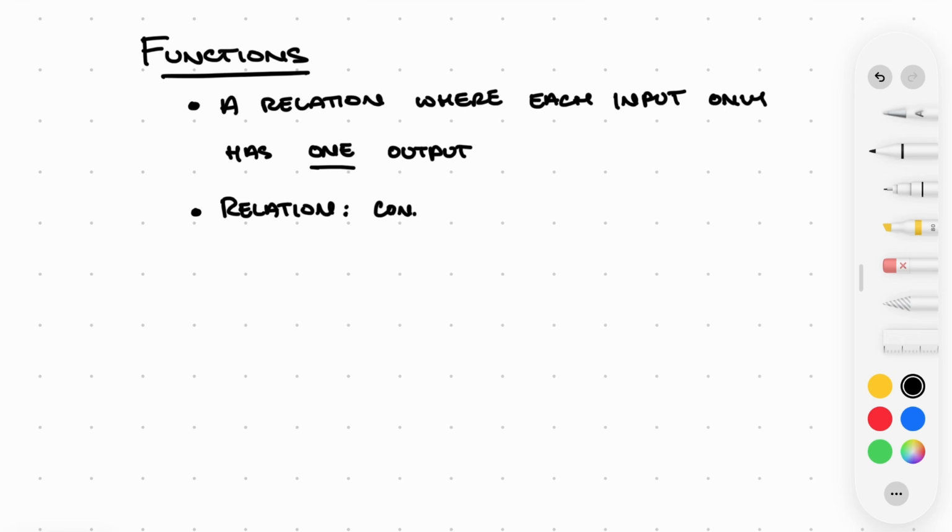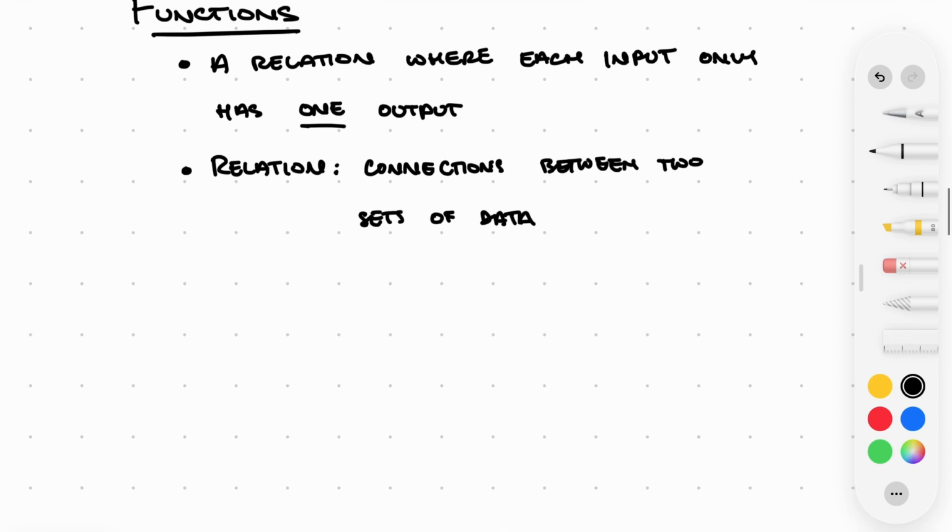Connections between two sets of data. So we've seen some examples where you can have certain numbers giving different outputs.